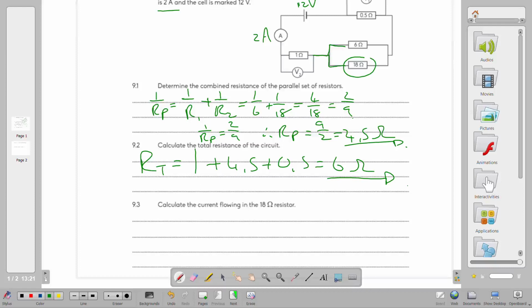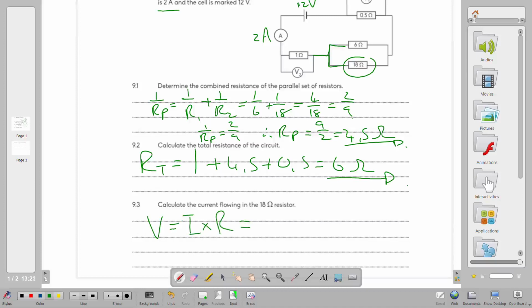Okay, well, remember, we're dealing with three things all the time. We have our resistance, our potential difference, and our current. They give us the resistance, it's 18 ohm. We don't have the potential difference yet, but we can get it, okay? Because we want to calculate the current. So to calculate potential difference, it's current times resistance.